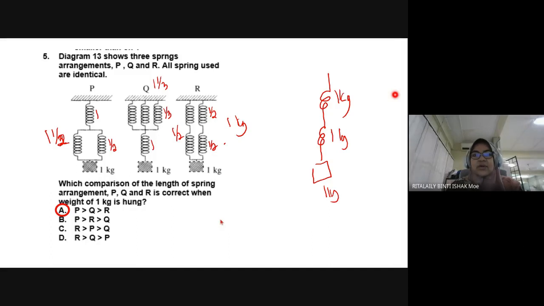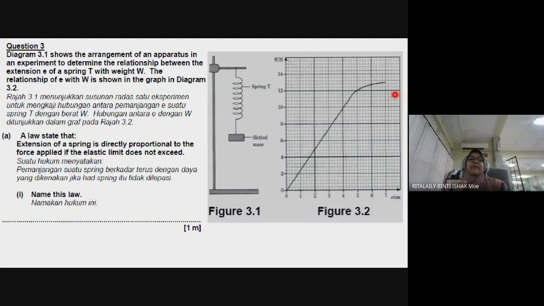Okay, so we go to the next question. This is a structure question. We have a diagram showing the arrangement of an apparatus in an experiment to determine the relationship between extension of a spring T with weight W. The relationship of E with W, E directly proportional to W, is shown in the graph in diagram 3.2.